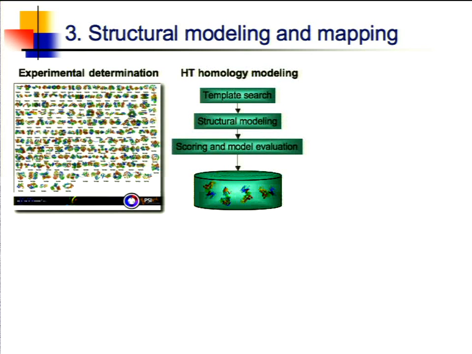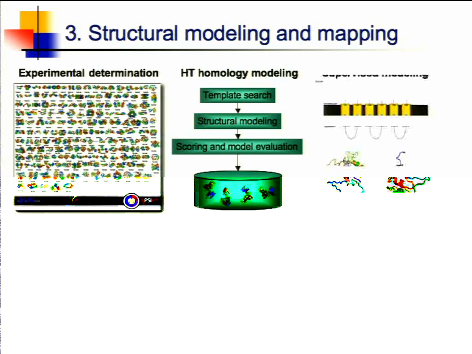For those that haven't been experimentally determined, we run them through a high-throughput homology modeling process, where we take each of the sequences, search for the best template, and build a structural model based on the template. Then we use scoring and other model evaluation approaches to choose a model that best represents the three-dimensional features of a protein.